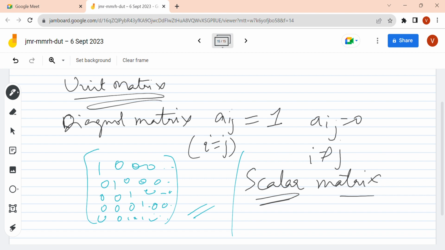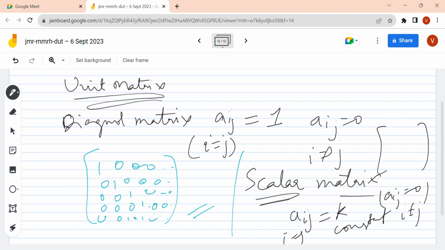Hello. So your scalar matrix is nothing but Aij for i equal to j is constant, the same, and Aij is equal to 0 where i not equal to j. That means your scalar matrix is nothing but a constant k on the diagonal, remaining all are 0.